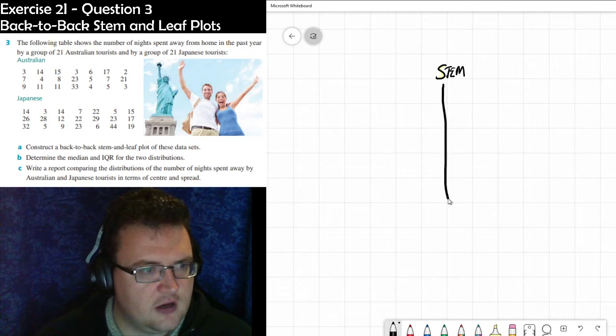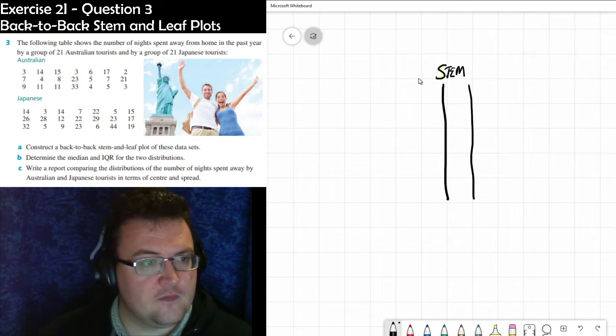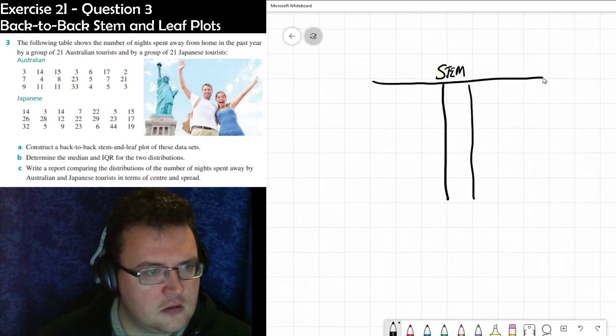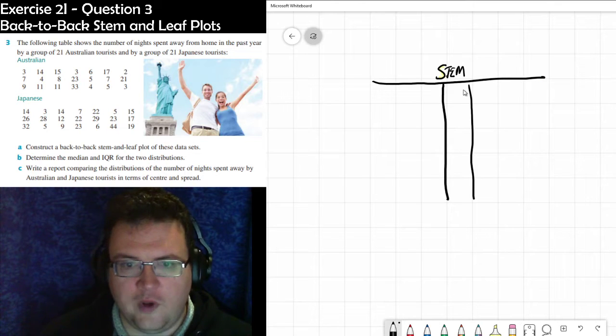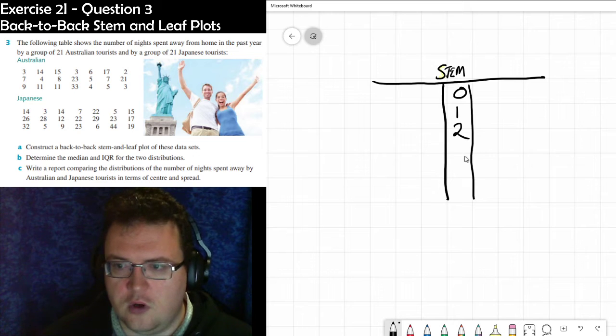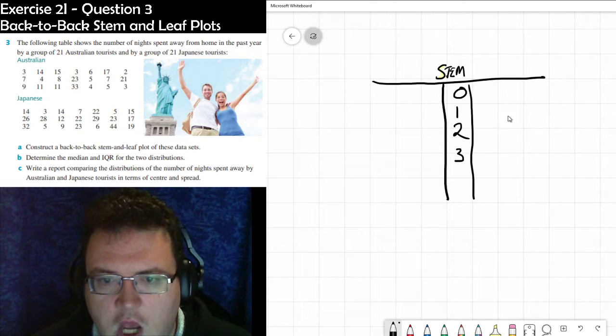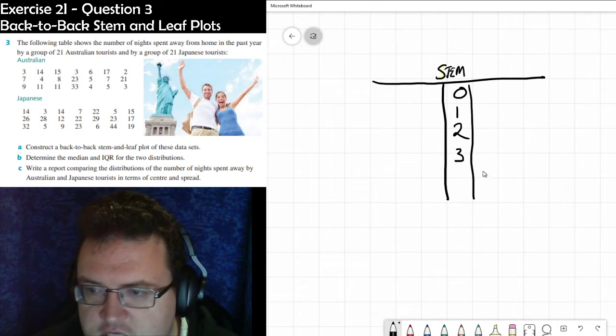This is going to run down the entirety of our plot. So we're going to start with 0, 1, 2, and 3, because I do not see any first digits. Oh, yes, I do. There's a 4 there as well.